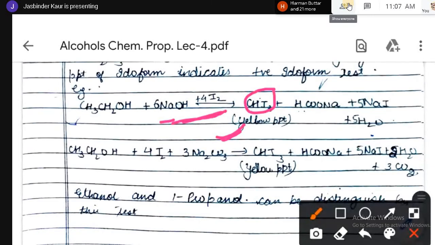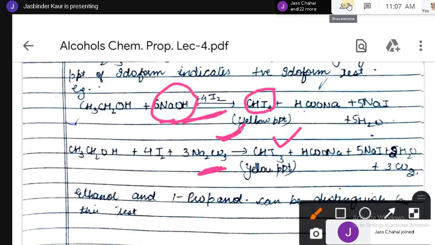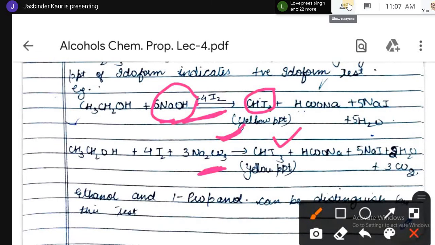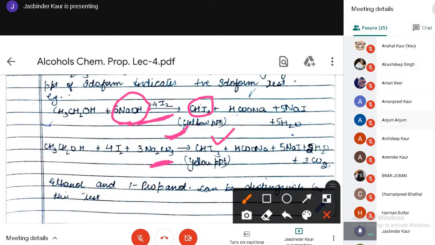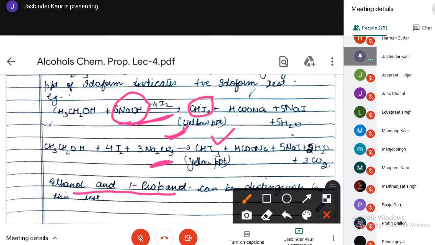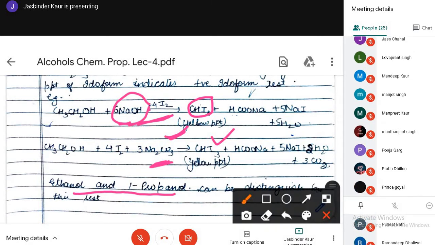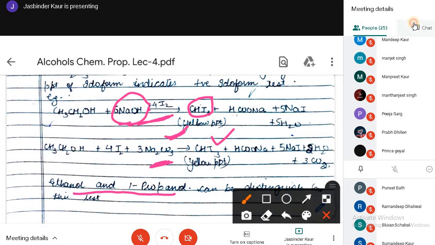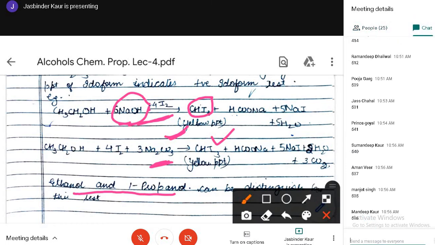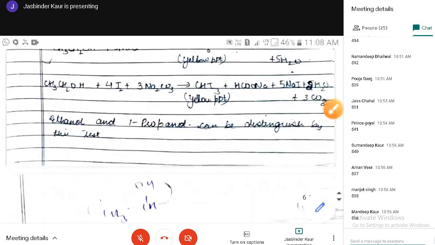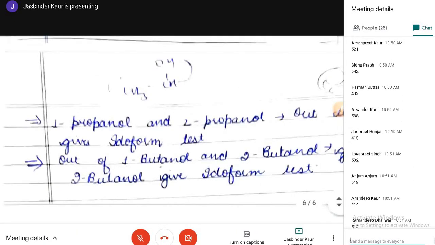Or, instead of NaOH, sodium carbonate can also be taken, in which also yellow precipitate of iodoform is formed. This test can distinguish between ethanol and 1-propanol, and can distinguish 2-butanol and 3-pentanol also.